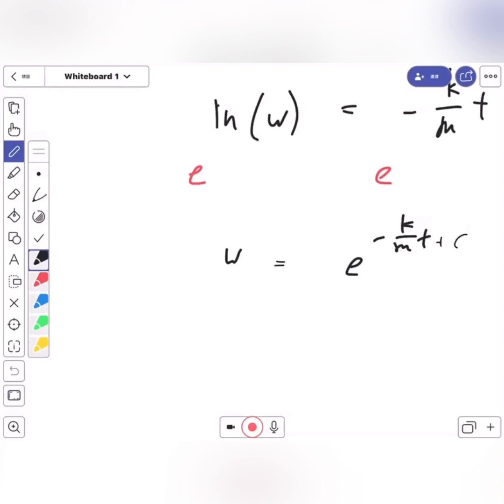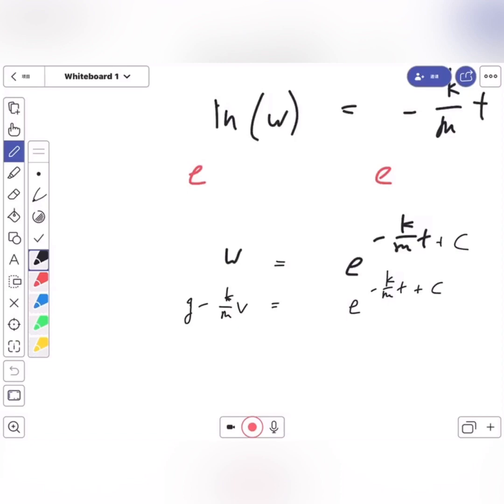Now, don't forget what w is. w is actually equal to g minus k over m v. And we essentially want to find v, the velocity. Therefore, this is equal to e to the negative k over m t plus c.